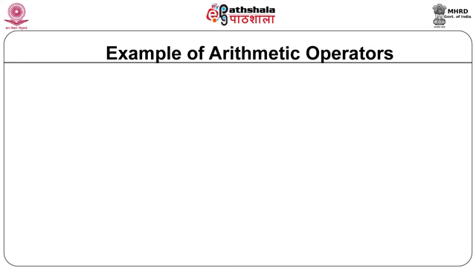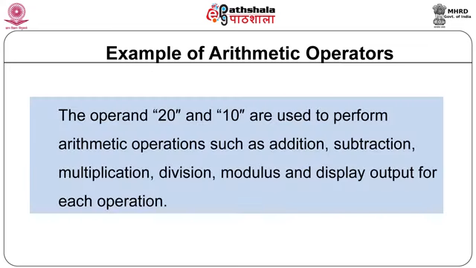Let us see a simple example on arithmetic operators. The operands 20 and 10 are used to perform arithmetic operations such as addition, subtraction, multiplication, modulus, and display the result. Or you may consider operands like 20 and 10.